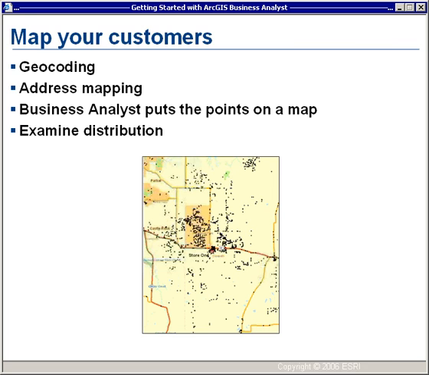It uses a process called geocoding and address mapping. Address mapping means take that customer address, figure out what street they're located on, and then the geocoding part comes in when a point is created at that location. So Business Analyst reads that tabular data and turns a table into a map layer of points.